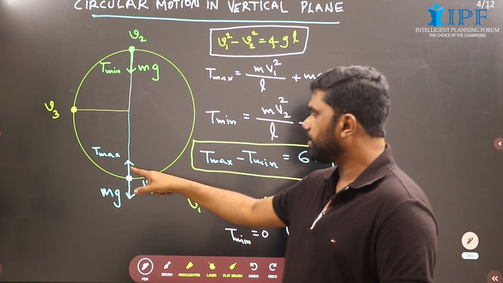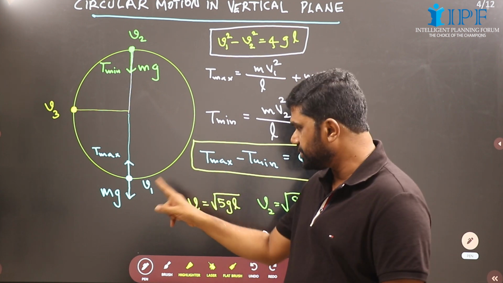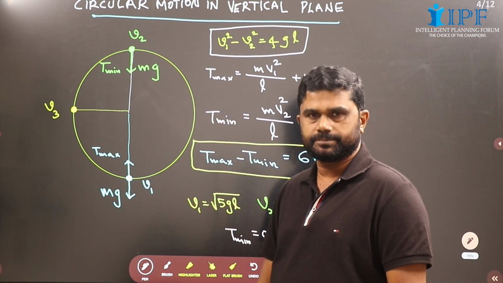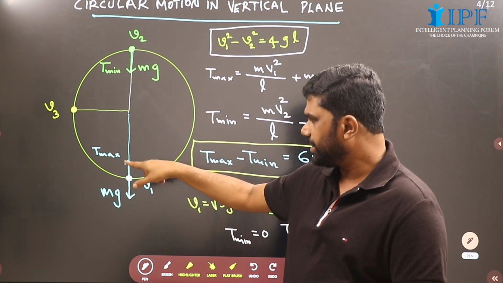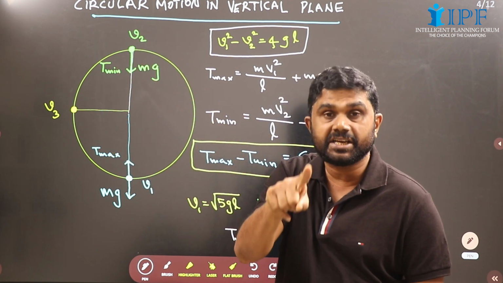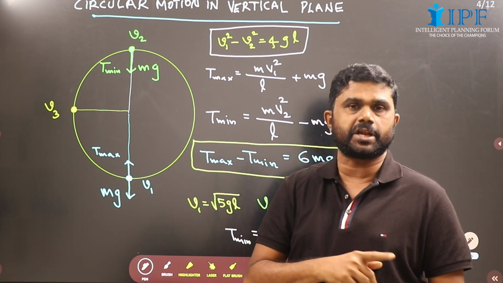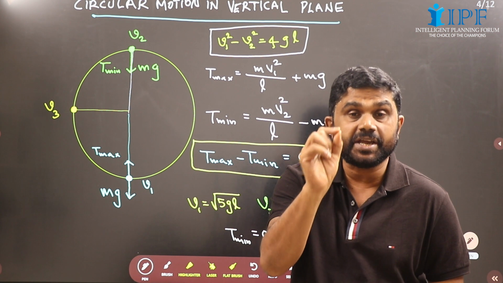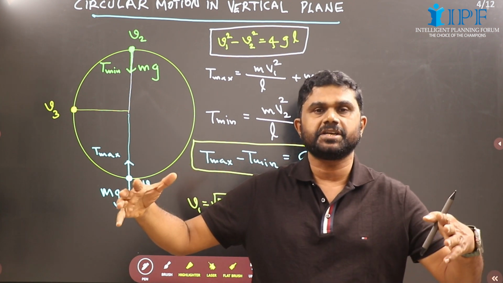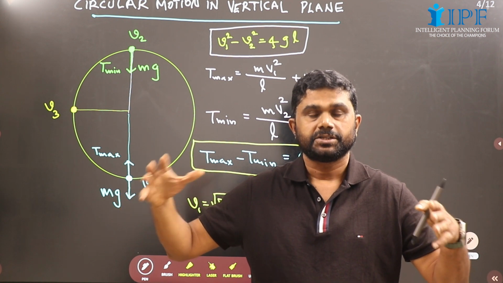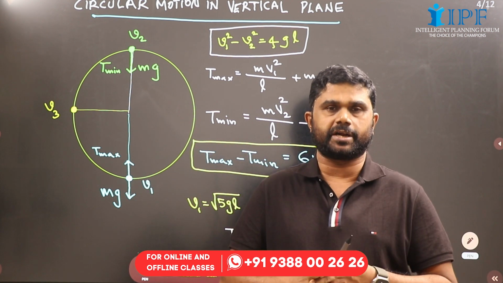As the body moves from the lowest point to the highest point, its velocity changes from v1 to v2. See, as it is moving in a vertical circle, when it moves from here to here, height increases. So there will be an increase in gravitational potential energy. So there must be a corresponding decrease in kinetic energy. By the energy conservation principle, the decrease in kinetic energy must be equal to the increase in potential energy.